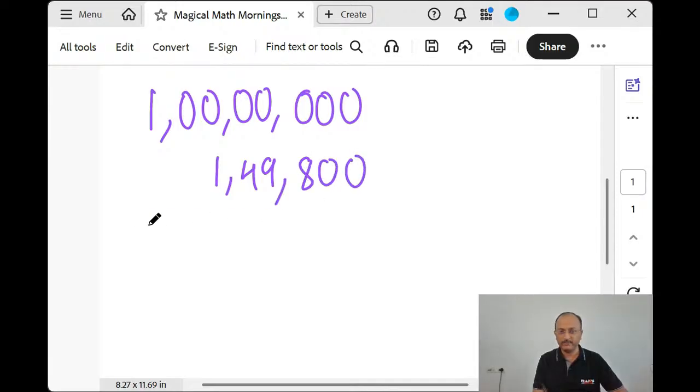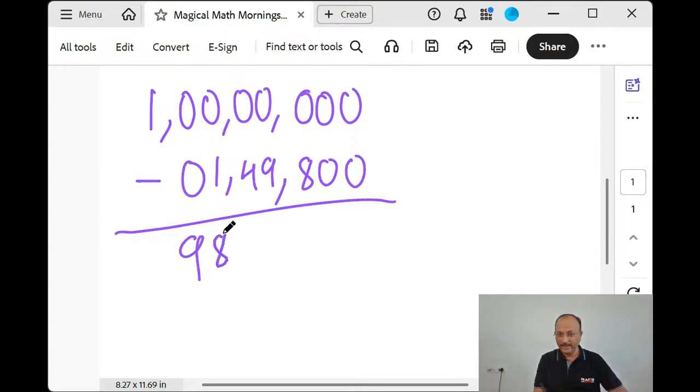I'm combining both the cases now. On the left hand side there are fewer digits, so we'll consider as if there is 0, and we'll write 9's complement for all. 9 here, 8 here, 5 here, 0, and the last non-zero digit is 8. This itself we'll take the 10's complement, that is 10's complement of 8 is 2. All the other zeros we'll write zeros.